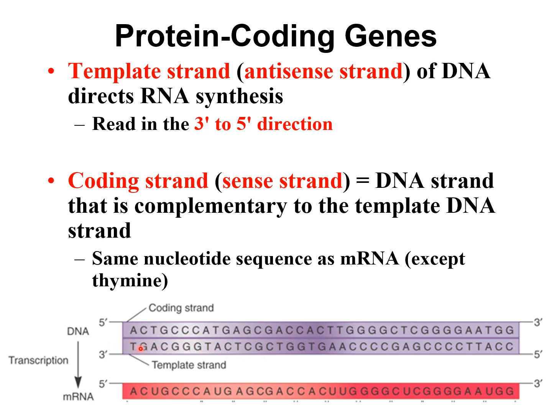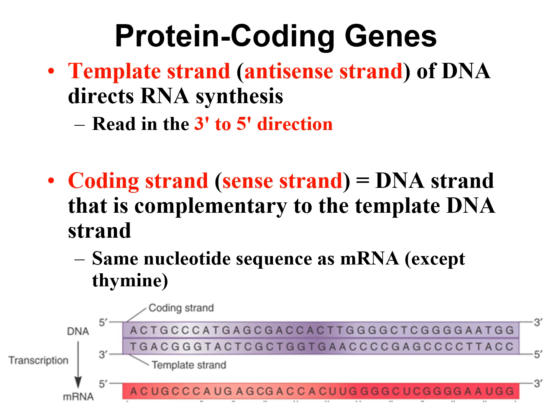So we're always reading 3 to 5 prime. Then the other strand that we're not using, they call it the coding strand, which I think is kind of confusing. So we'll just ignore the coding strand because we're not going to be using it. We're just going to be using this template strand, and that's the one we're going to transcribe to make the messenger RNA.